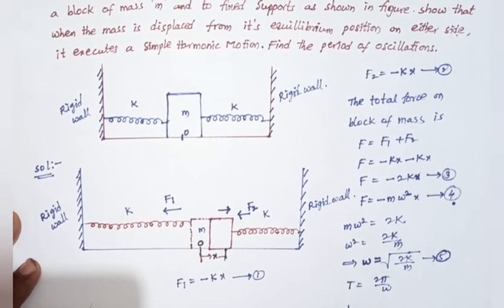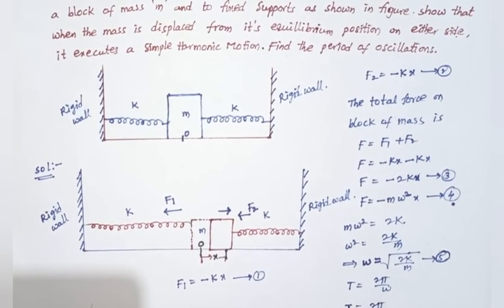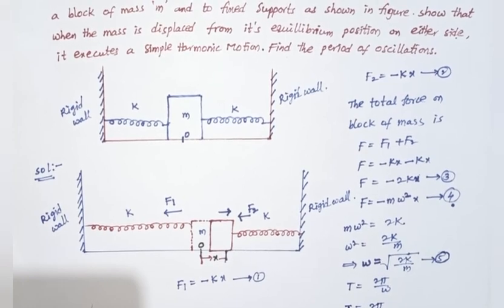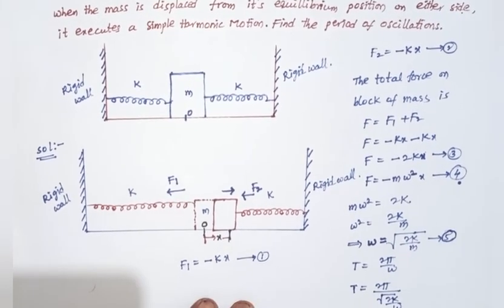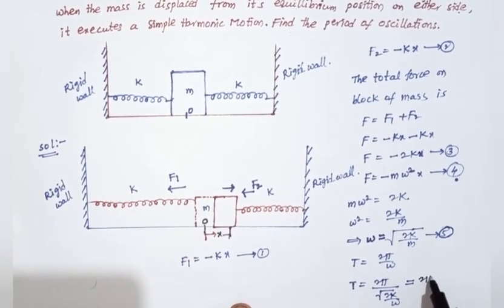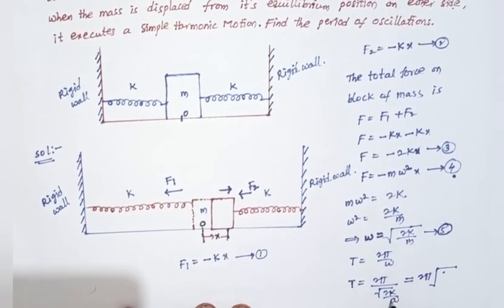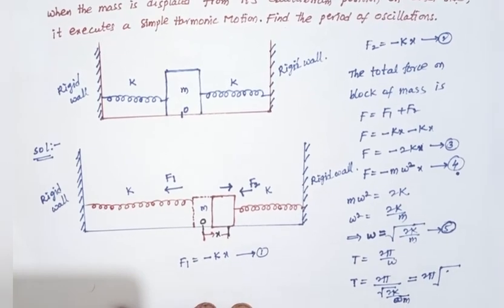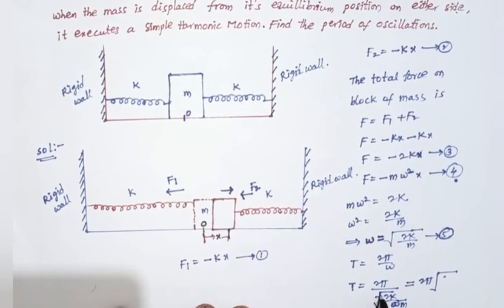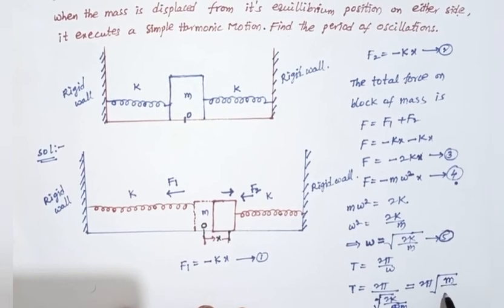So the time period T equals 2 pi by square root of 2k by m, that equals 2 pi into square root of m by 2k.